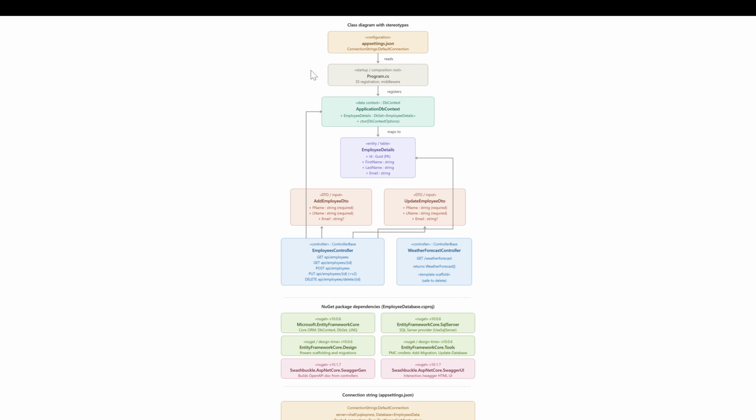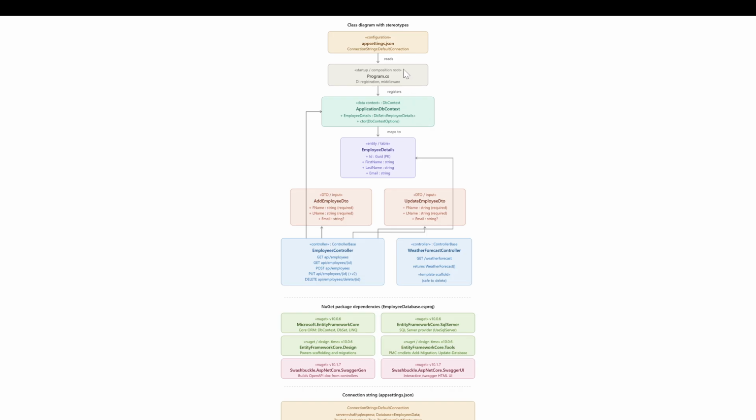Then there's going to be a Program.cs file. This is the main entry point for the classes of our application. There is ApplicationDbContext that's registered.